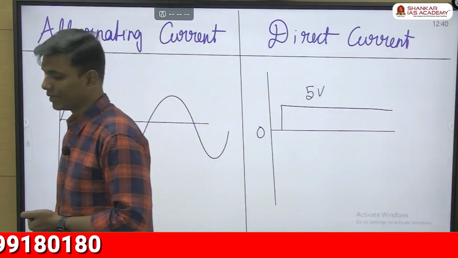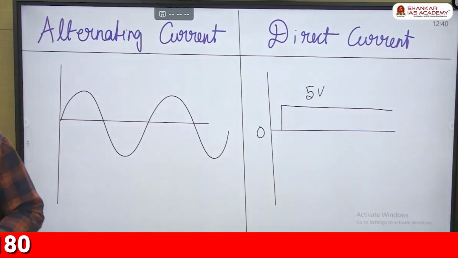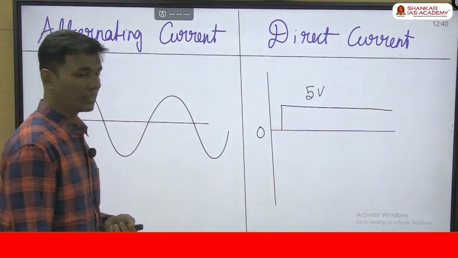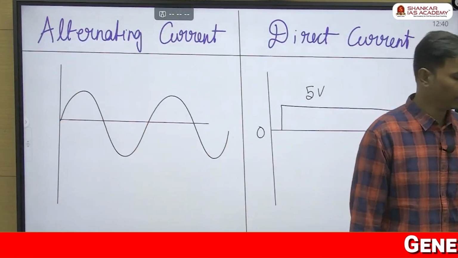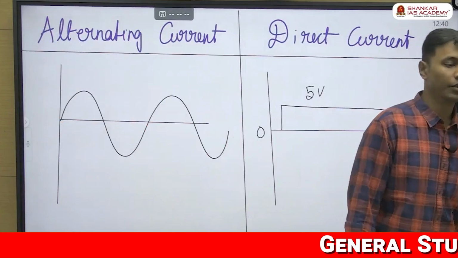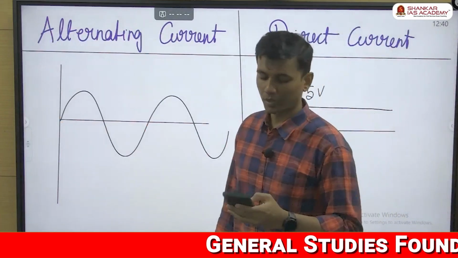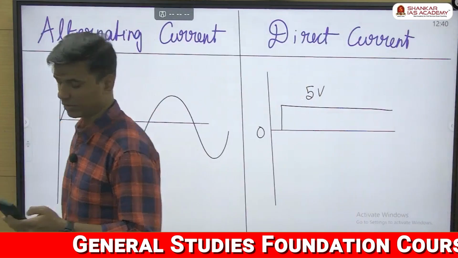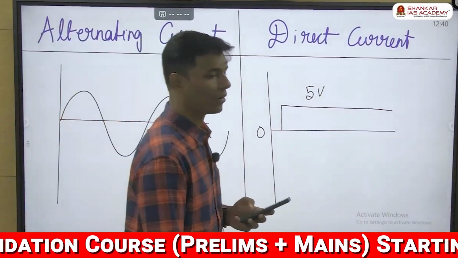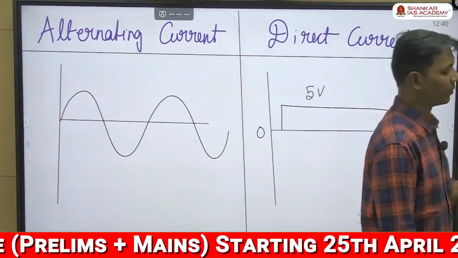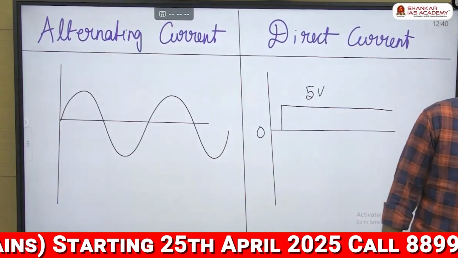For alternating current, you can write: easy to produce and transmit over long distances. Alternating current is easy to produce and to transmit over long distances.